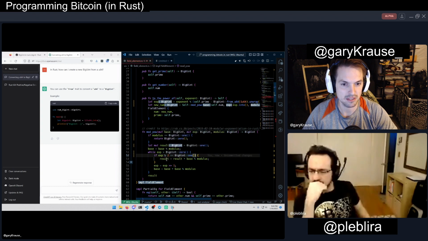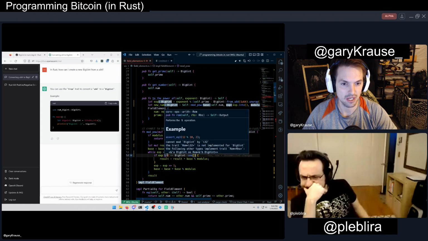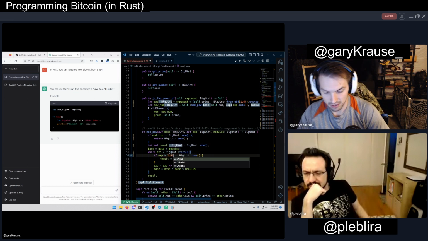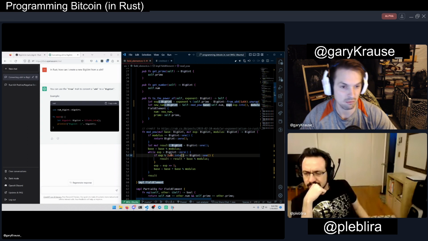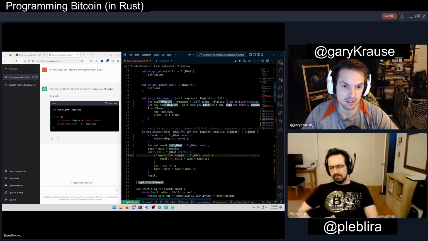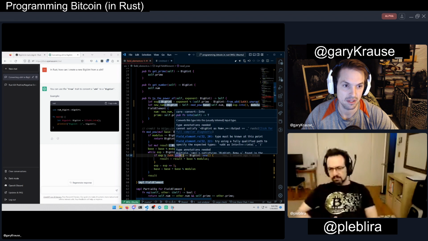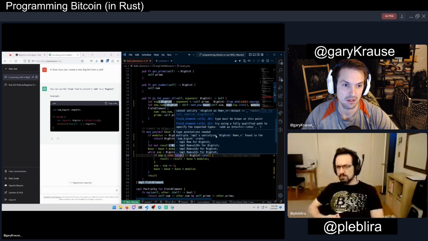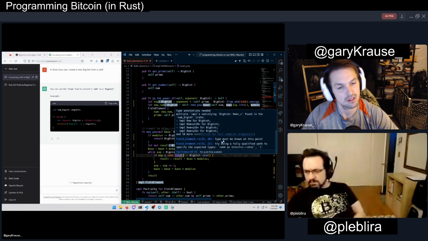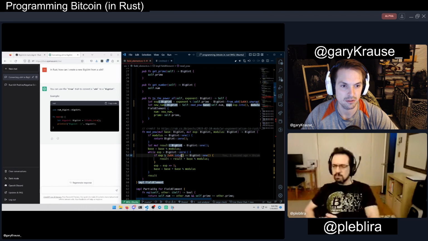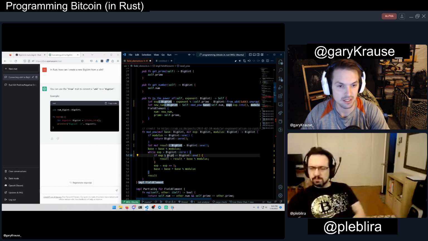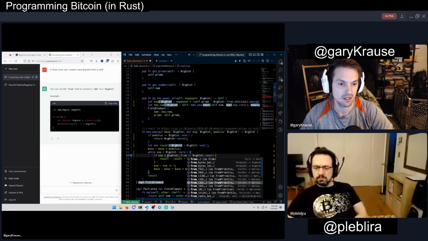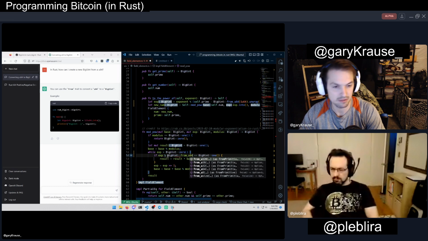I'm assuming this is complaining because this wants to be a BigUint as well. So we'll do some more type coercion. Does that not work? Type must be known. Okay. So we'll have to do the same thing. It just doesn't like that type coercion. We can do from U64.